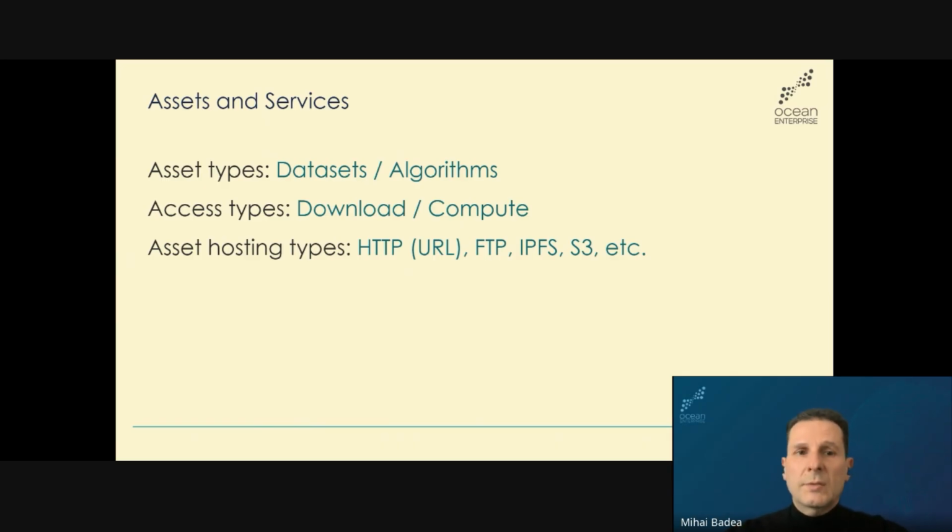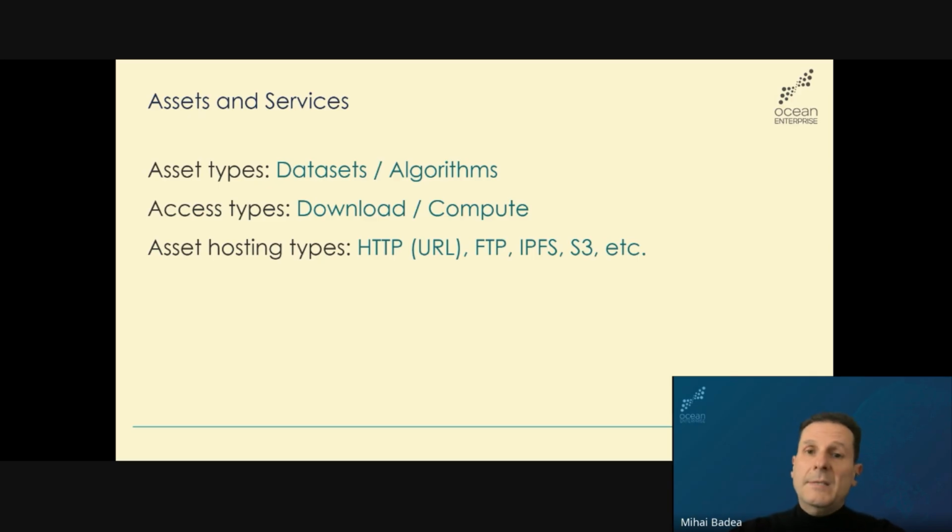Then we should also discuss access types to assets. So when you create an asset, you have to define if the asset is available either for download or for compute. If it's available for download, what does it mean? When a consumer buys the asset, it will actually download the file that is behind that asset.